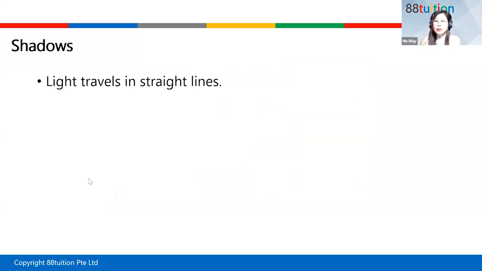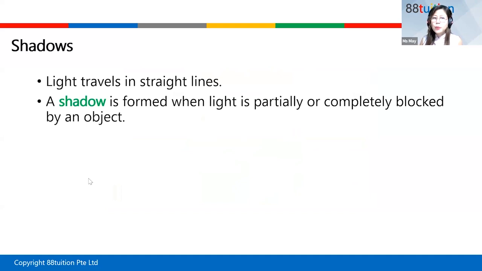So, okay, the fact that you can see something is based on the property that light can be reflected, right? But for shadows, we are basing on the property that light travels in a straight line. So a shadow is formed when light is partially or completely blocked by an object.